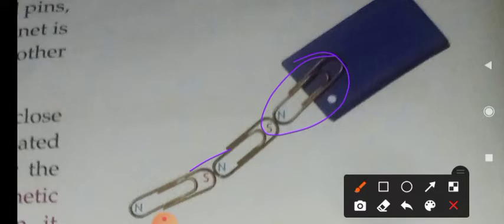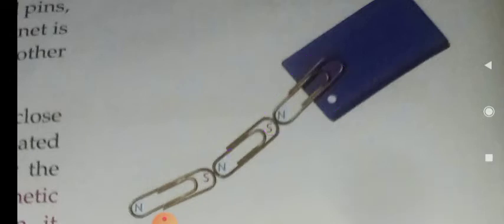In the same way we can also make permanent magnets. Let us discuss how. Permanent magnets can be made by using this magnetic induction method. A steel needle is repeatedly stroked by the north pole of a bar magnet, as shown in the diagram. This means the magnet is moved in only one direction.